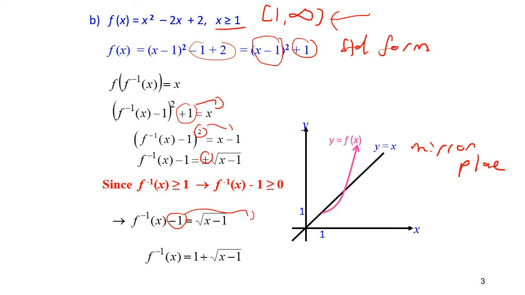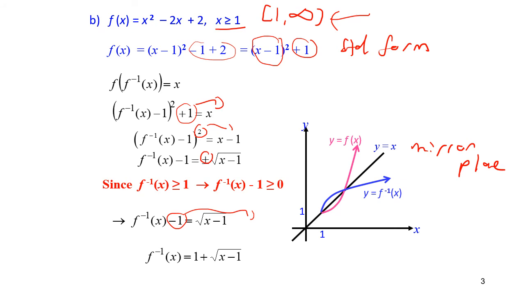Then we sketch the inverse. Remember, the inverse will be the square root function. We put the blue color here for the inverse, and don't forget to label the graph. The pink one is the original function f, the blue one is the inverse, that is inverse f.